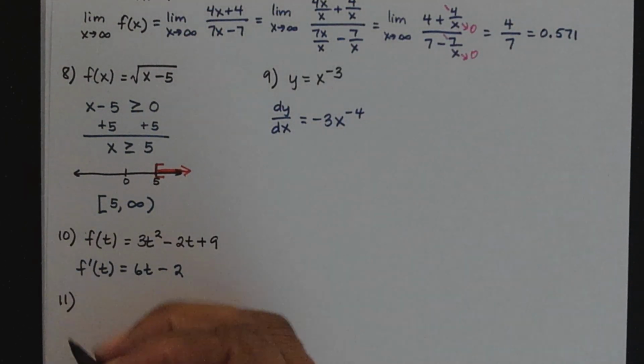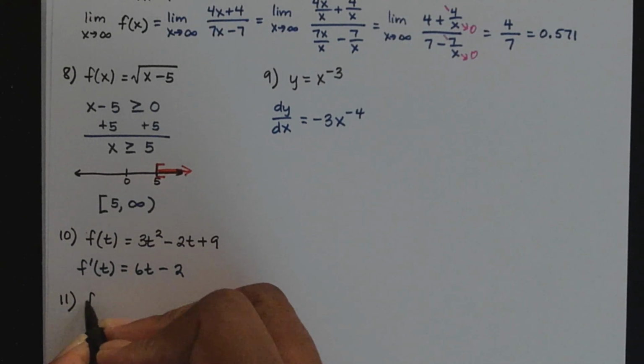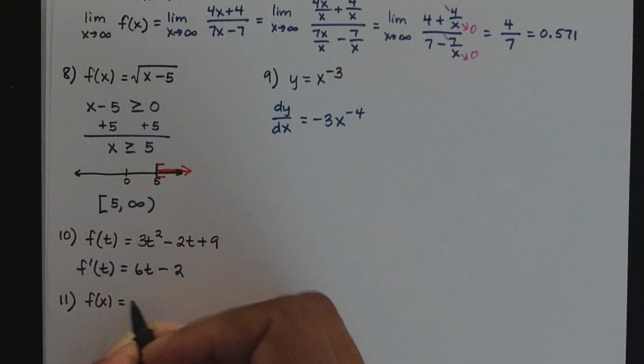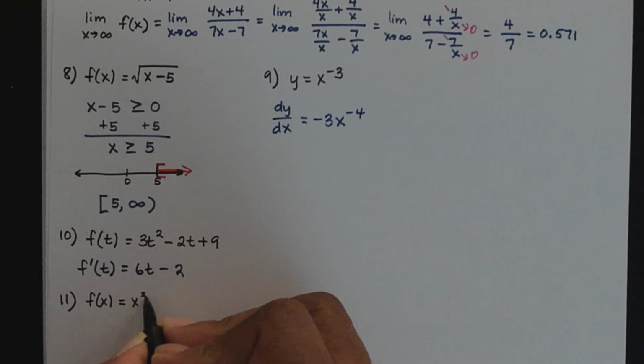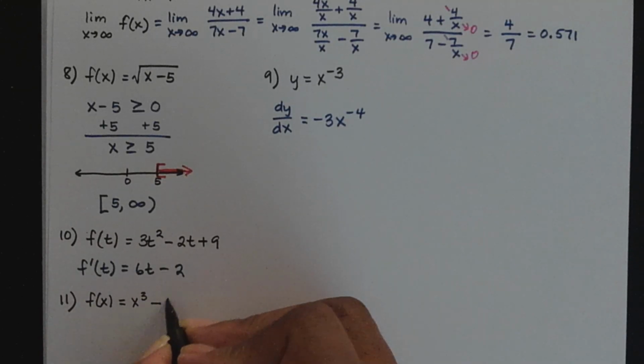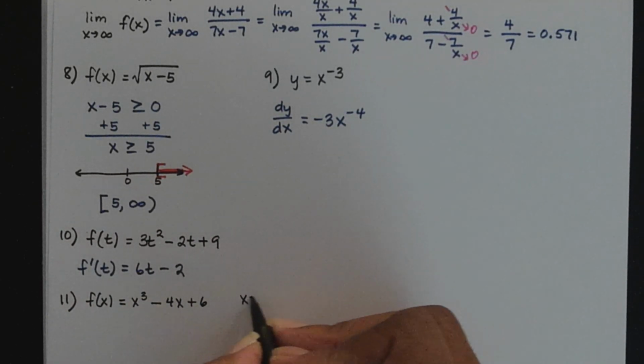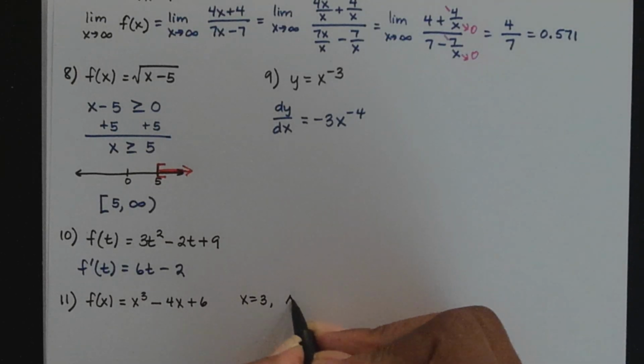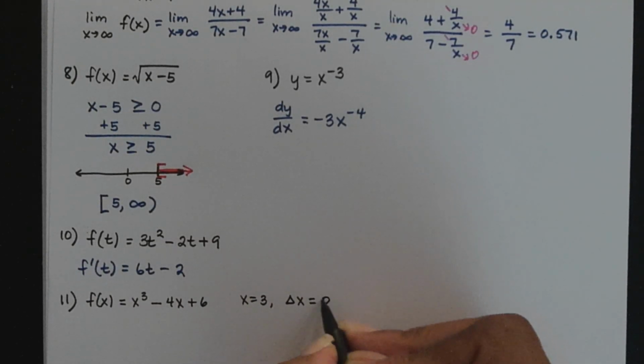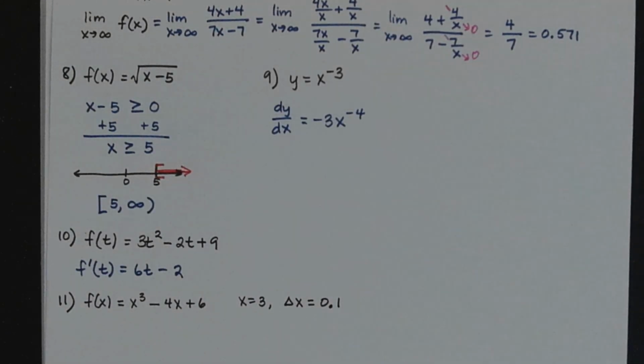All right, so let me go and write down the function. I'll just say f of x equals x cubed minus 4x plus 6. And we're told that x is equal to 3, delta x is equal to 0.1, and they want the dy and delta y.